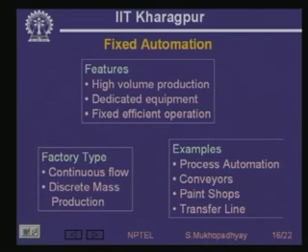So, examples are process automation controls for steel, oil refinery kind of things. For example, there are some parts of automation which don't need to be changed. For example, conveyors remain nearly the same always. So, that is fixed automation. Paint shops: generally painting is that you need to put the object at one place and you need to spray jet the paint.